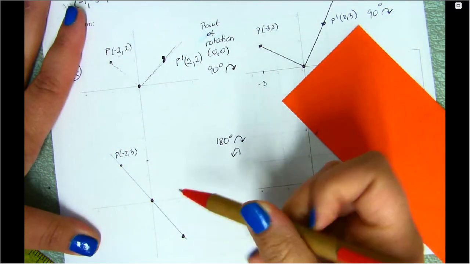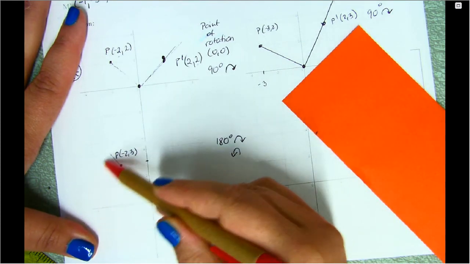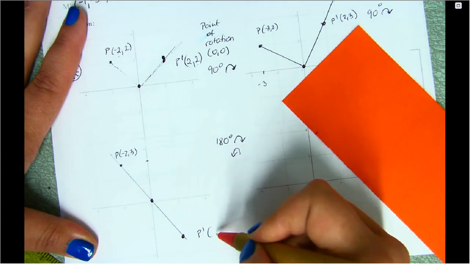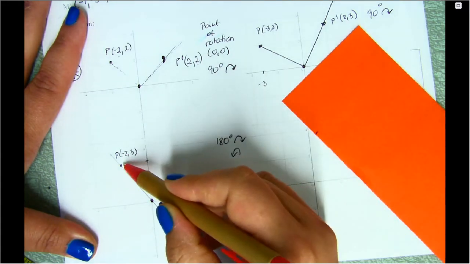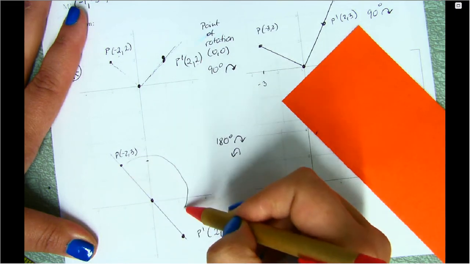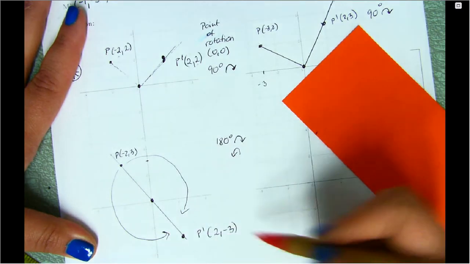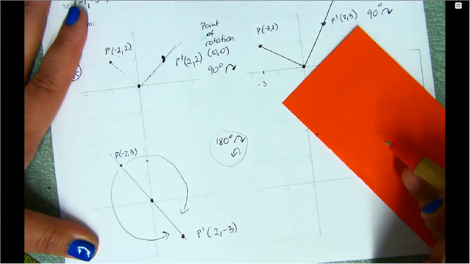You should be able to create a rectangle. That's a circle right here. My point prime is 2, -3. Now, it doesn't matter which way you rotate. If I rotate 180 clockwise or 180 counterclockwise, I'll still end up in the same point. So if you rotate 180, it doesn't matter which way you go.